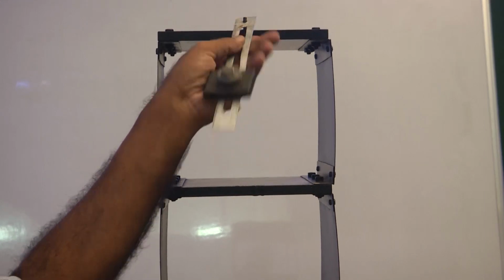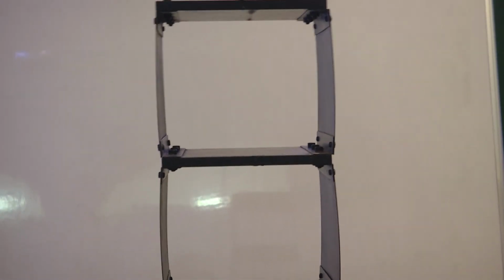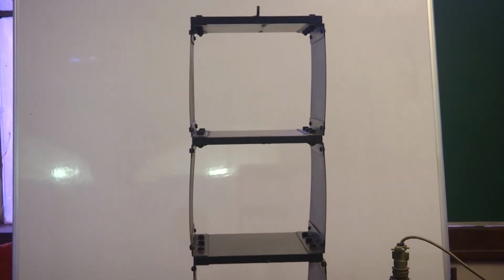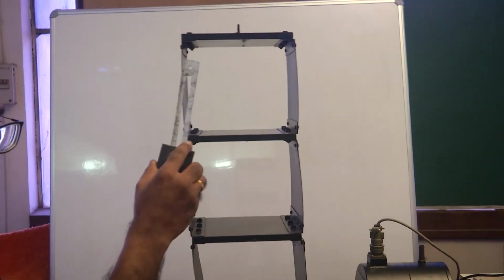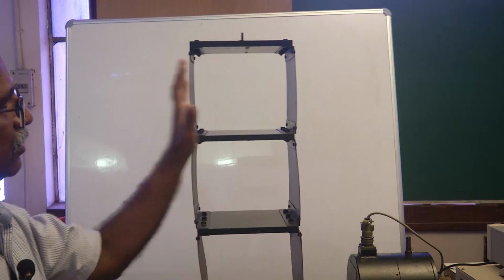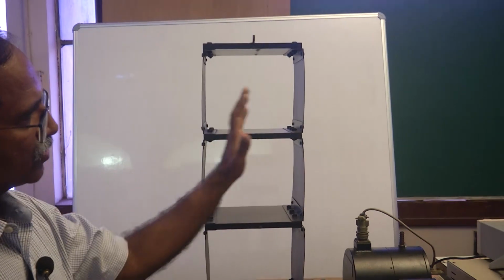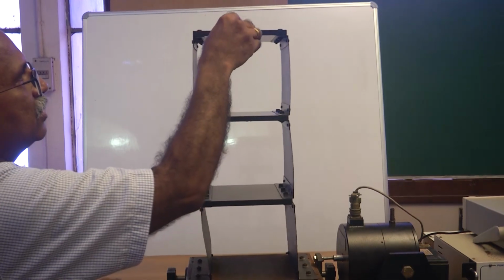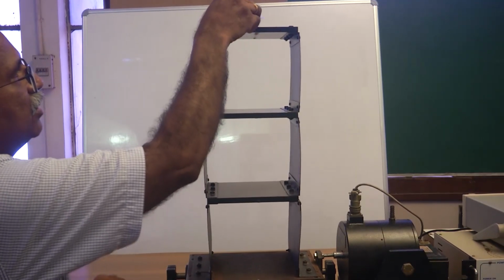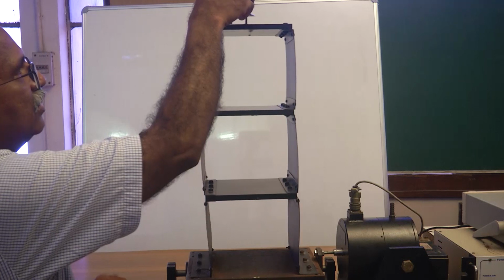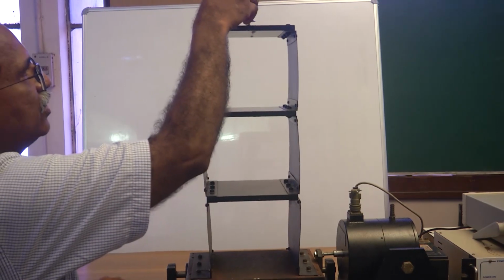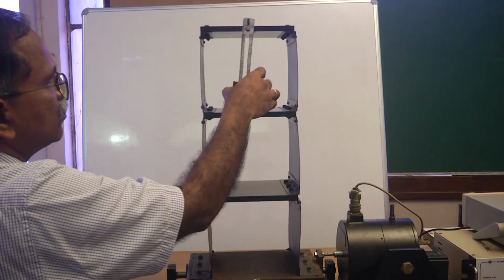So this vibration absorber does its job of reducing the vibrations of the parent vibratory system. Note that the amplitudes are substantially large at its first natural frequency, and by tuning the pendulum's parameters like the length, I am ensuring that the pendulum natural frequency is 1.3 hertz, which is the first natural frequency of this building.